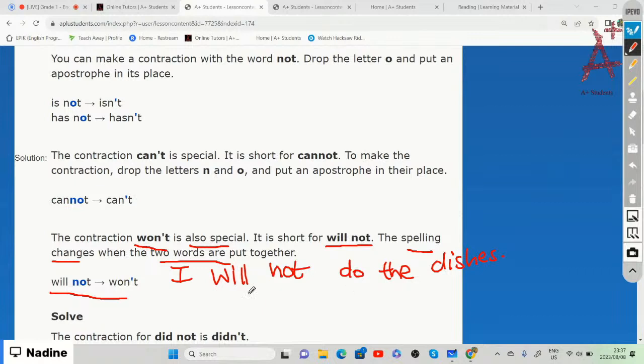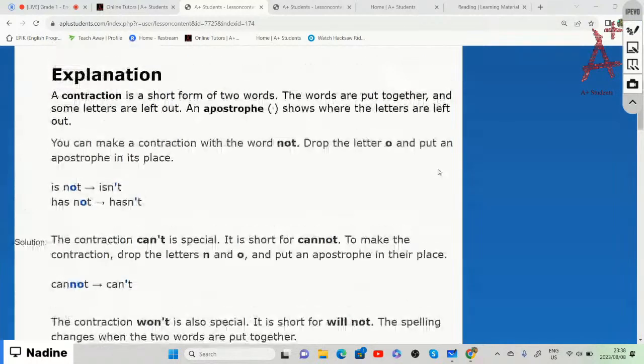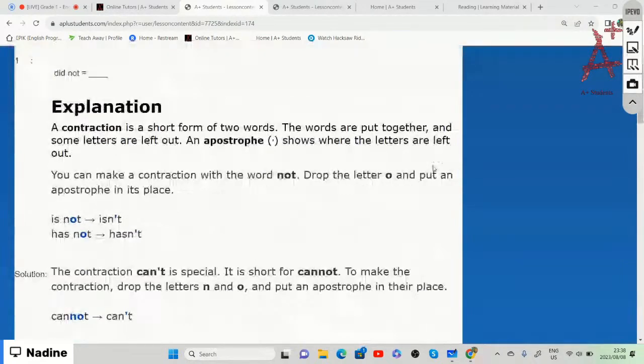So instead of saying will not, we can then say I won't do the dishes. So won't is the shorter form for the word will not, right? And we also call a short form for a specific word a contraction. So it is the contraction of the words will not.